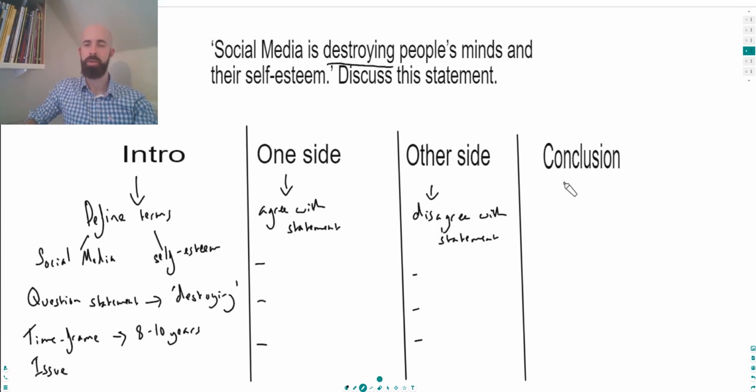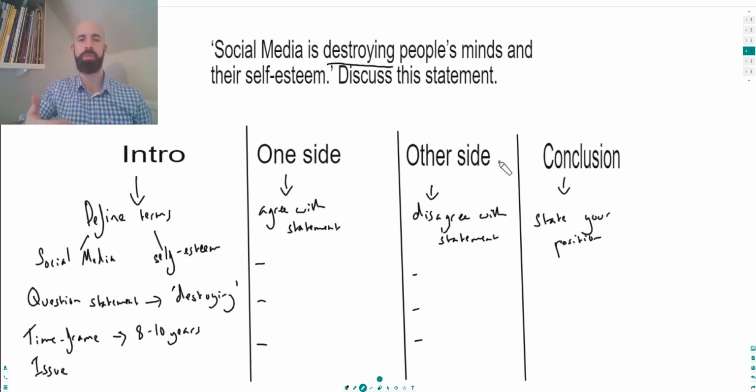Now finally, in your conclusion, you want to basically state your position at this point. So what is your position? It's important that you're not cornered by the statement. Don't feel that you have to either fully agree or fully disagree. You can take a refined position on this. So you could say, actually, I really do agree that social media is just completely destroying people's minds and their self-esteem, and I don't really see the positives of it, and I don't think they're very impactful.